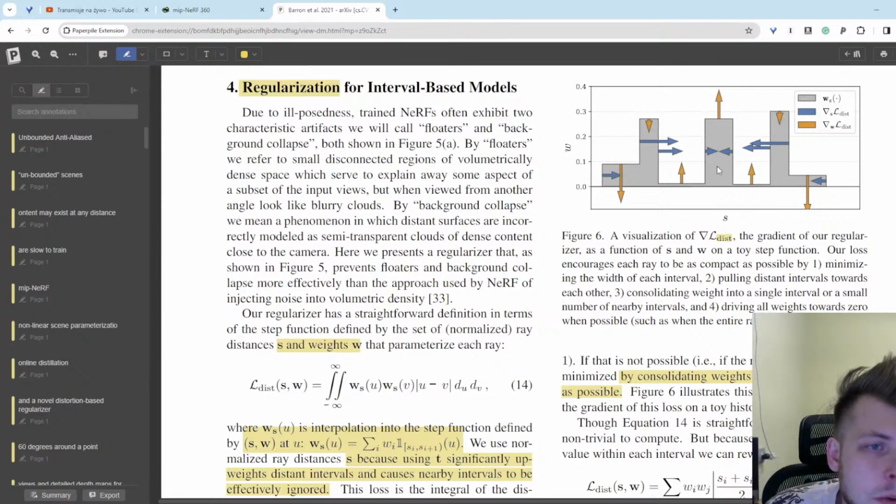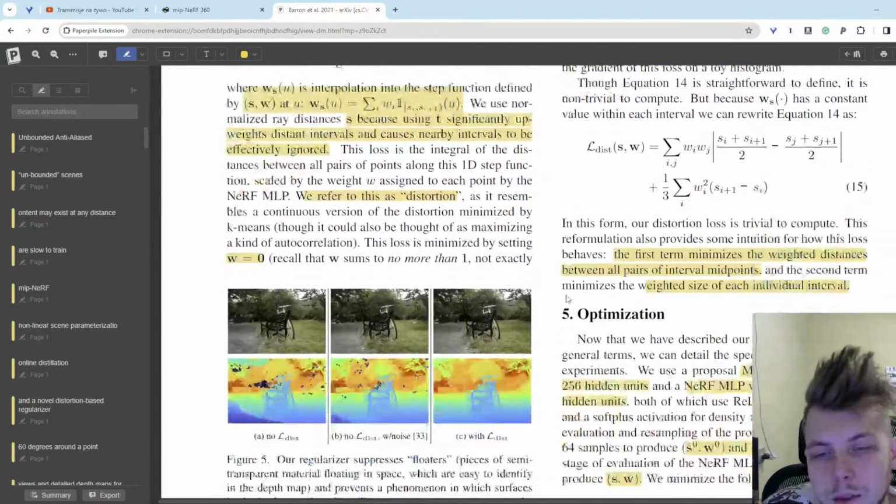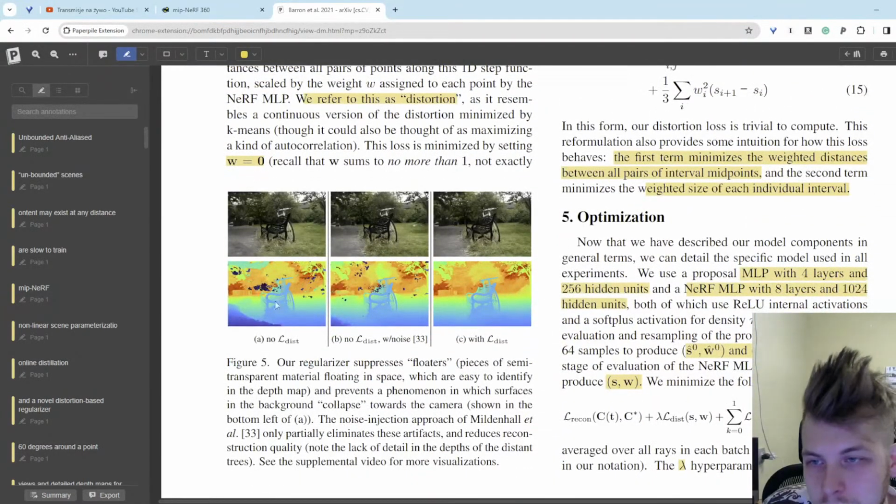So instead they come up with this much smarter idea of how do we force this mass of densities to be closer together in the 3D space. So this is how they do that, and this eliminates floaters very effectively, as seen here, right? So much better than this noise injection idea that was previously tested.